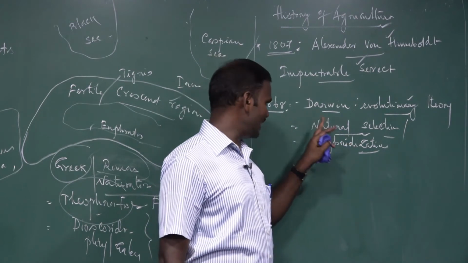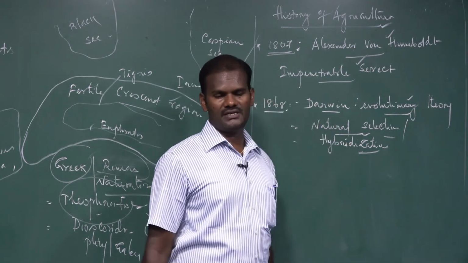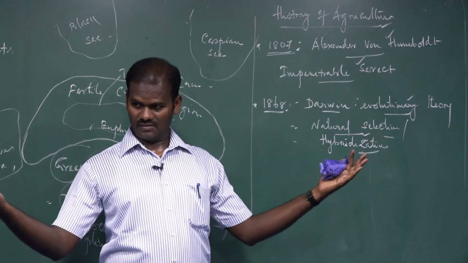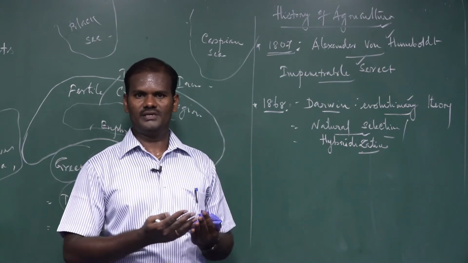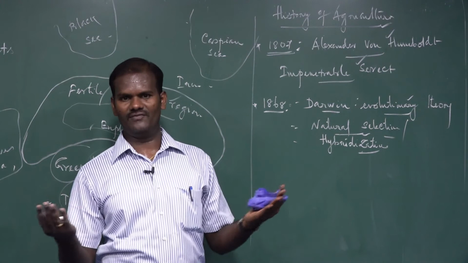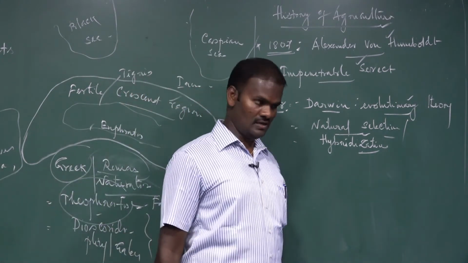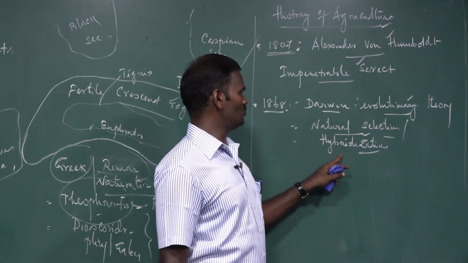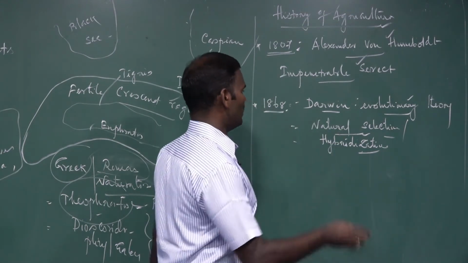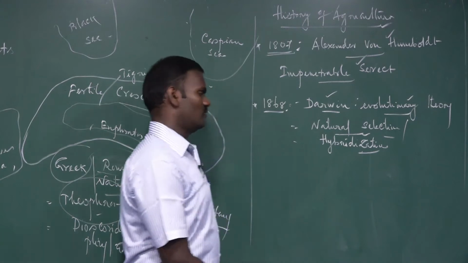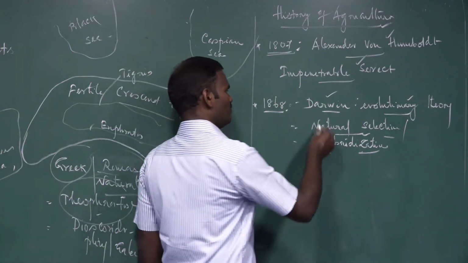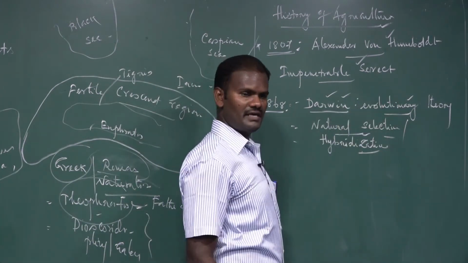So this is natural selection. Hybridization is nothing but a cross between two species, the same species or maybe different species, brought together to form one species. This is called hybridization. Because of these two reasons only, plant species exist. It was first put forward by Darwin's evolutionary theory.